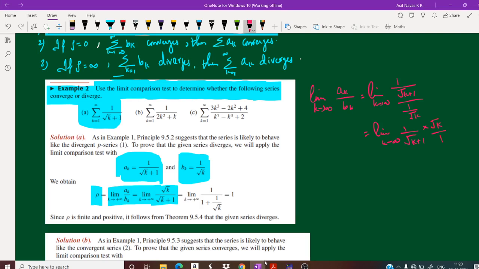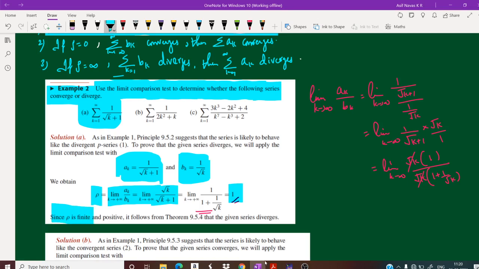If you take root k outside, it is the limit of root k into 1 divided by root k into 1 plus 1 by root k. If I put the limit k tends to infinity, our limit is 1.